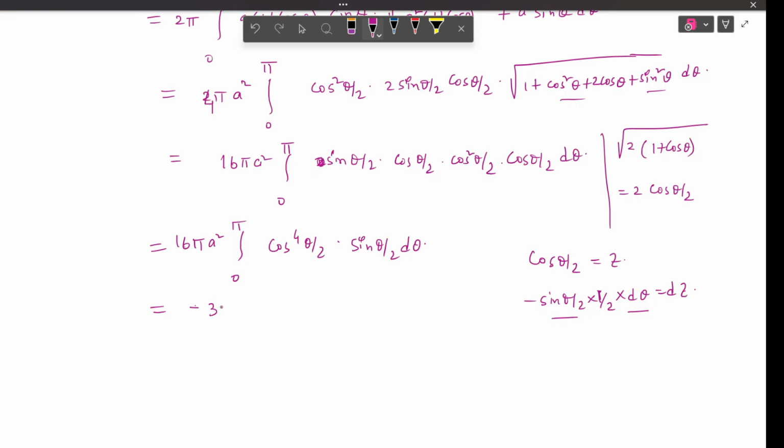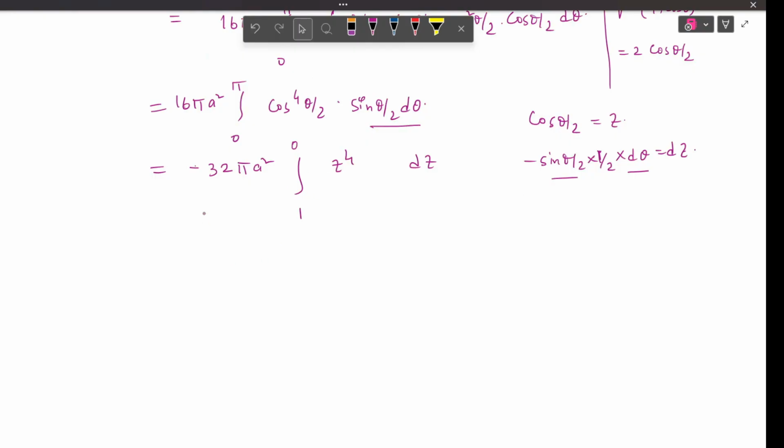So it would be minus 32 pi a square. You have to change the limit here. So if theta is 0, z will be 1. If theta is pi, cos 90 is 0. So it will be 1 to 0. So this will be dz and this is our z to the power 4.